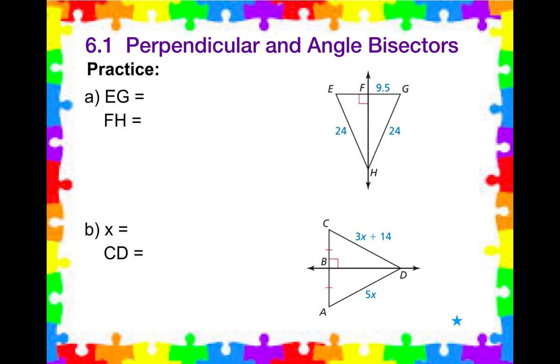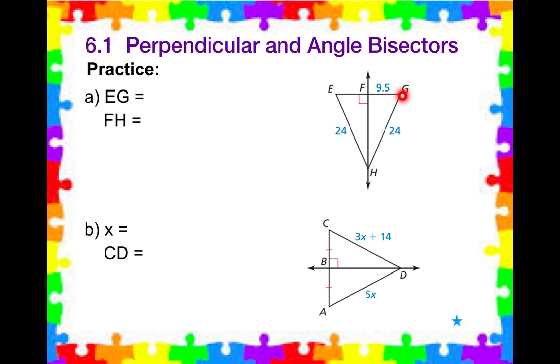Let's take a look at this little problem here. You'll notice that we have 24 and 24, so H is equidistant from both endpoints, therefore it sits on the perpendicular bisector. And if it's on the perpendicular bisector, that means whatever this distance is here, FG, that has to be the same for EF.